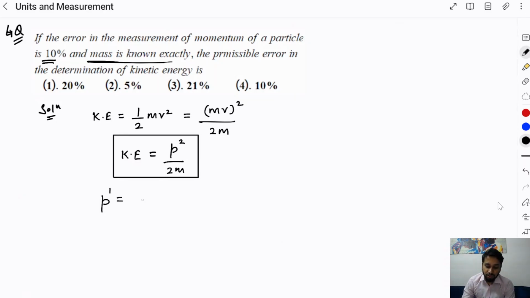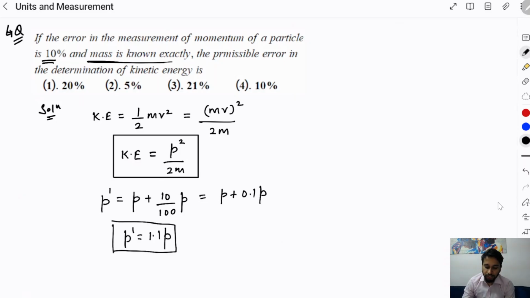So P dash will be the true value plus 10%. So P plus 10% of P. So that will become P plus 0.1 times P. So the P dash, the new momentum will be 1.1 times the true value. Okay.